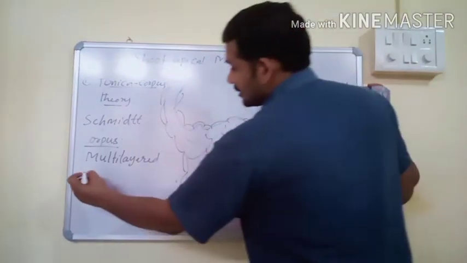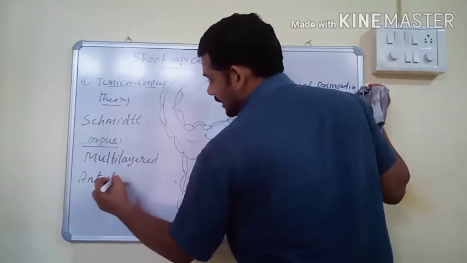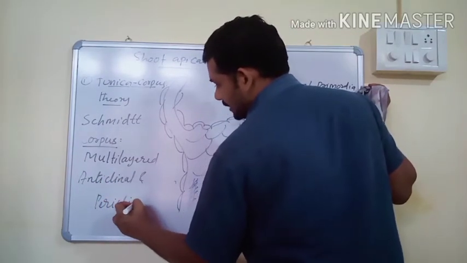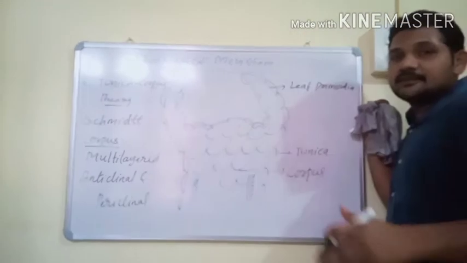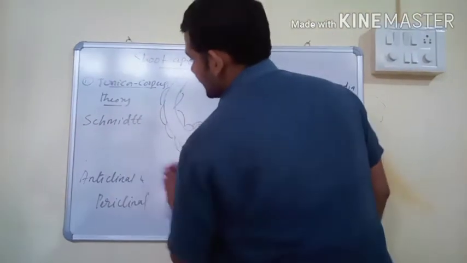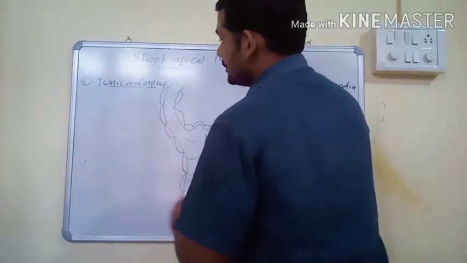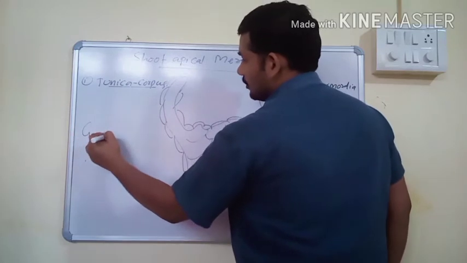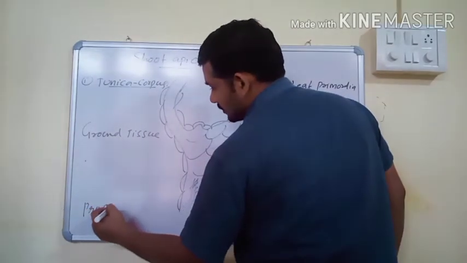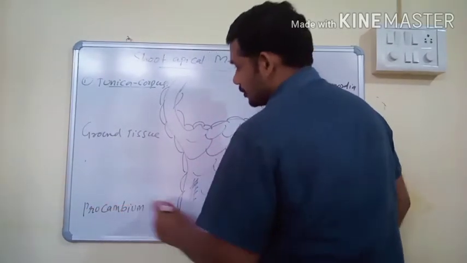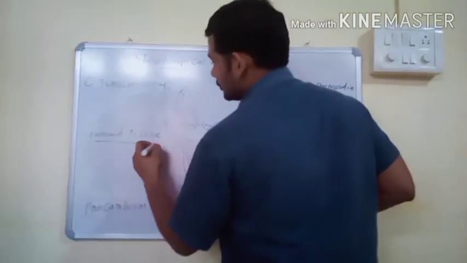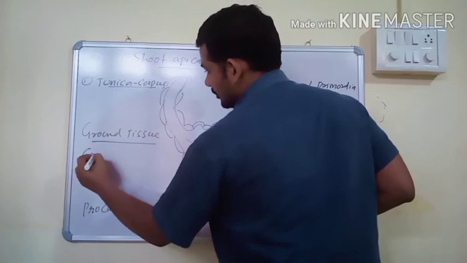The cells of corpus undergo both anticlinal and periclinal divisions, oblique and horizontal, to form two important internal tissues: ground tissue and prochambium.